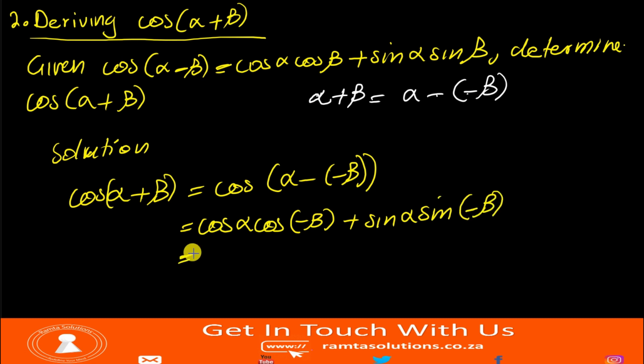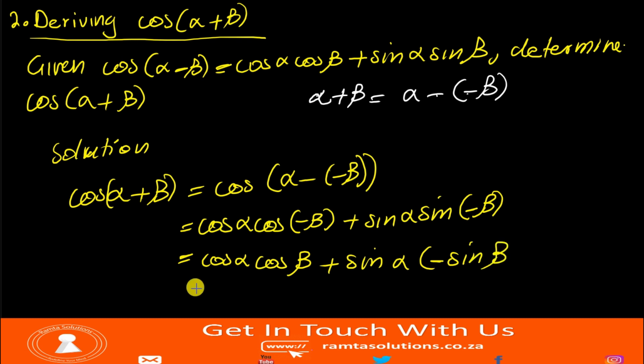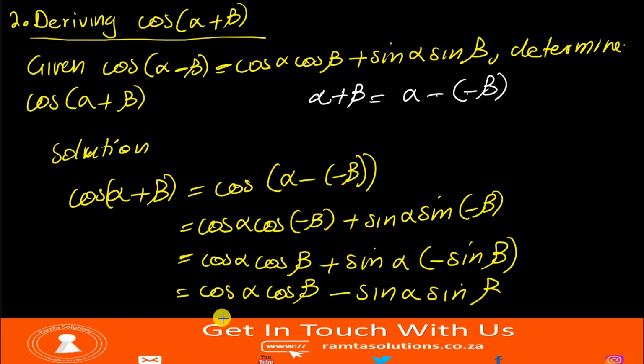Now, negative angle of cosine will always be positive. All right? So it becomes cos beta plus sine alpha, negative angle of sine, it must be negative sine beta. Therefore, we have cos alpha, cos beta minus negative times positive, so it's minus sine alpha, sine beta.